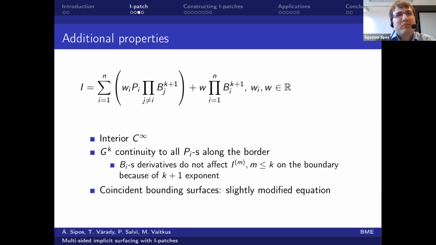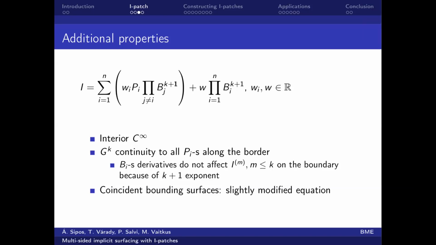Of course, it is not necessarily a good idea to introduce a very large K, because then the degree of the equation will be very high. So most of the time we use the G1 continuity where the exponent was 2. Okay. Did I answer that?